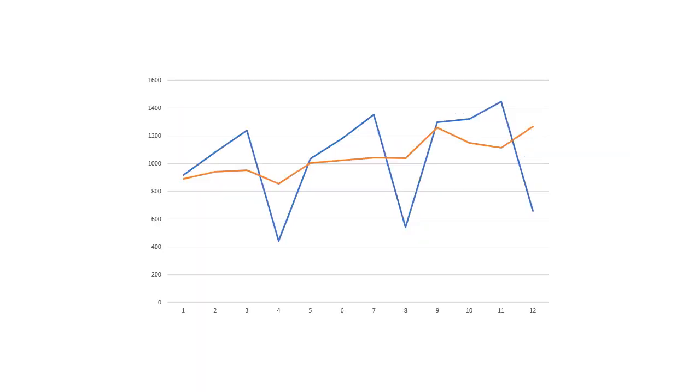So what I've done here is that this orange line is actually the deseasonalized data. If I can remember how to spell deseasonalized data. And so once you've got that data, you can actually see that these troughs have been brought up, which is what you'd expect because you've got a regular slump, so it's not unusual to have that.